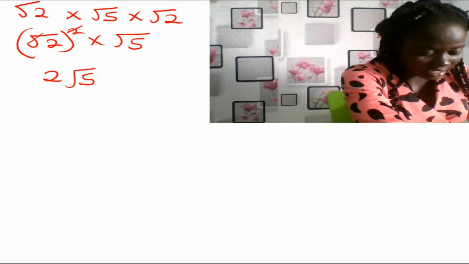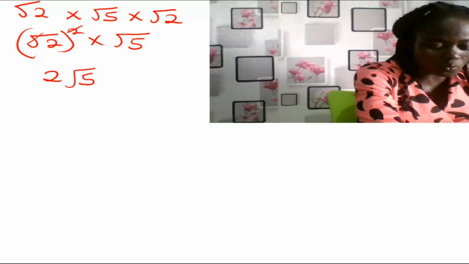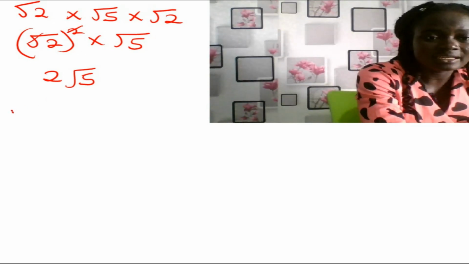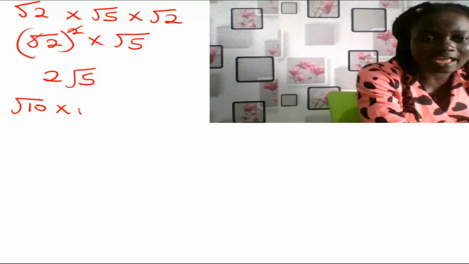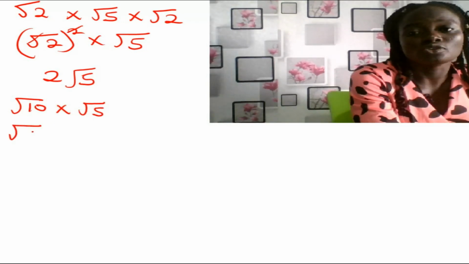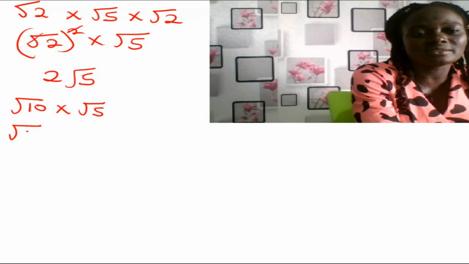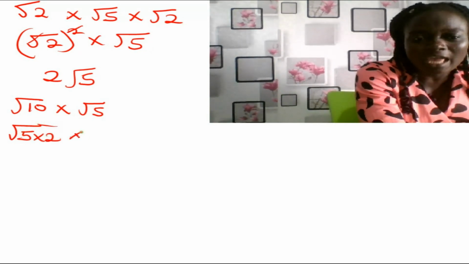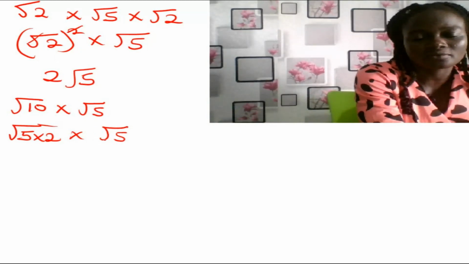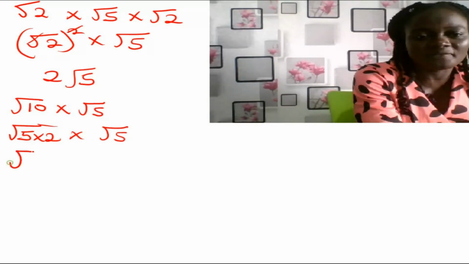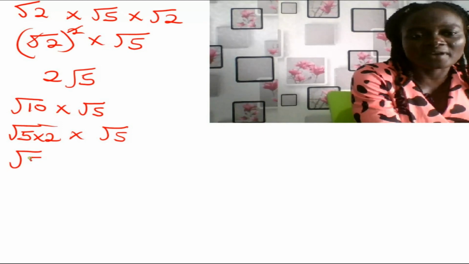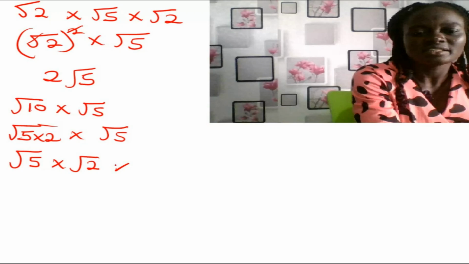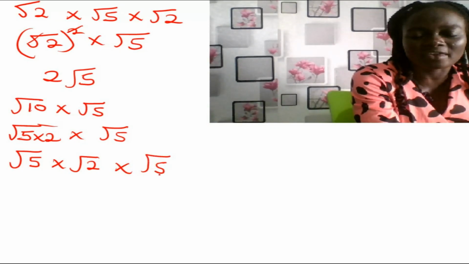Then we now pick the second one, which is root 10 times root 5. So simplifying this, we are going to get root 5 times 2 times this root 5. So we further simplify to become root 5 times root 2 times root 5 again.